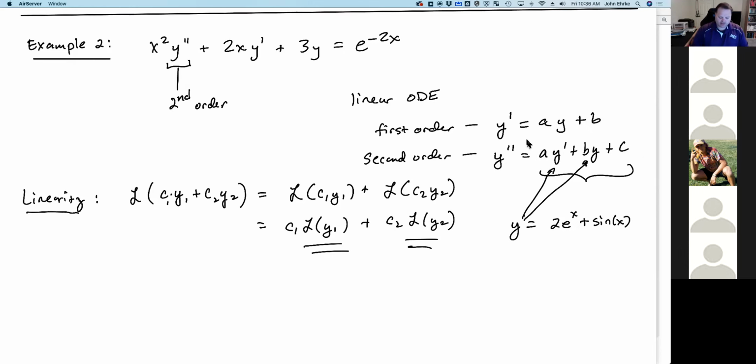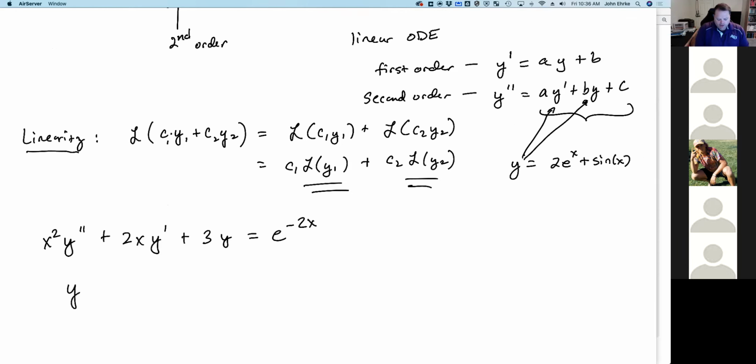So taking this differential equation that we have and writing it in the standard form, where I take everything but the highest order derivative and put it over on the right-hand side, we would have y double prime equals negative 2x y prime minus 3y plus e to the negative 2x.